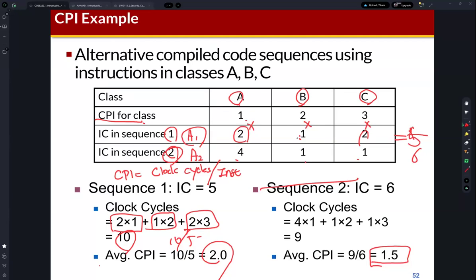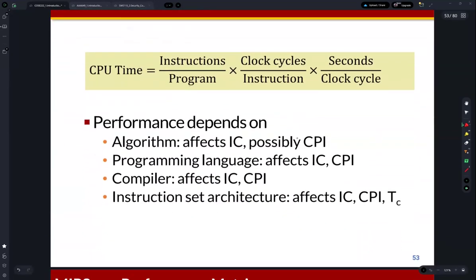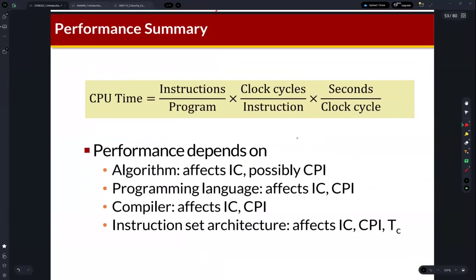But because an application includes many different types of instructions, we are not able to calculate the average CPI directly. We need to consider the proportions of instructions. So this is the summary.